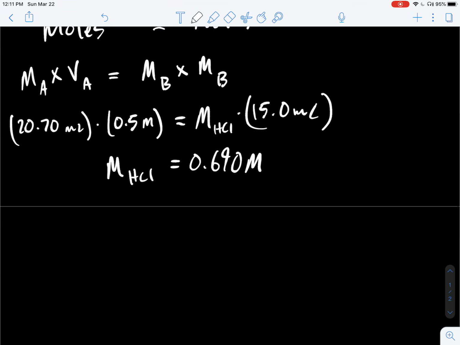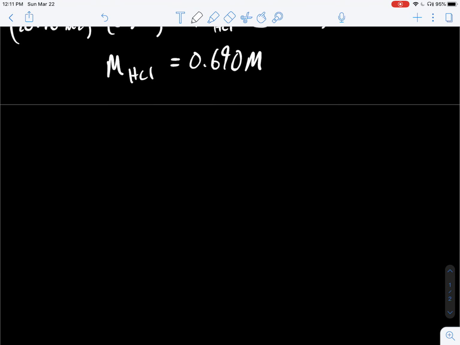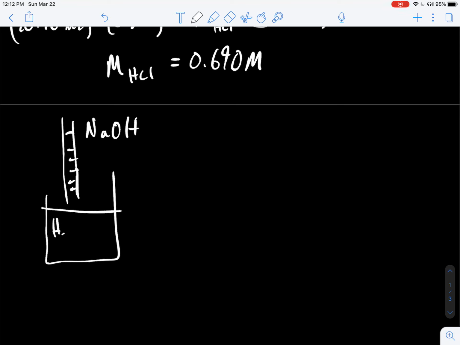Now, I just wanted to point out, what if you had a reaction that looks like this instead? So let's say we use NaOH in our burette, and instead of HCl, we have H2SO4 in here. Remember, you always have to look at the reaction.